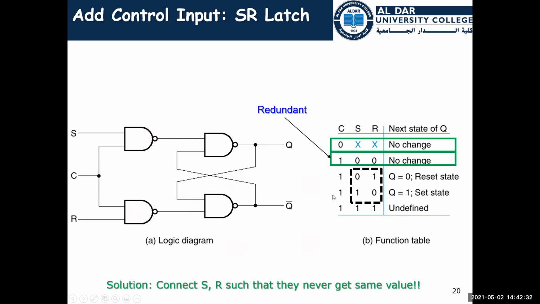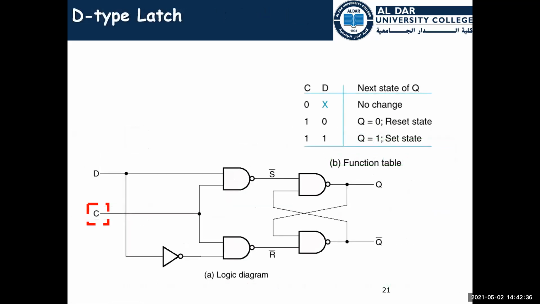These are the required states that I want to concentrate on, and that makes the truth table of the SR latch simpler. We call this latch the D-type latch, and its implementation is very simple. So if we have the control set as 0, there is no change of the Q.